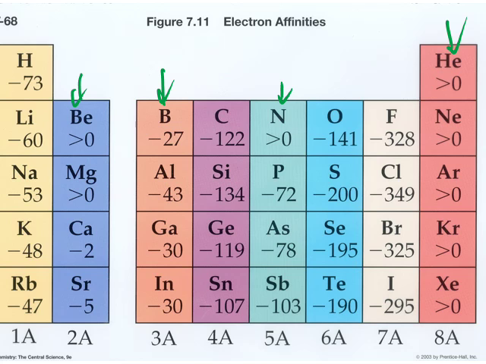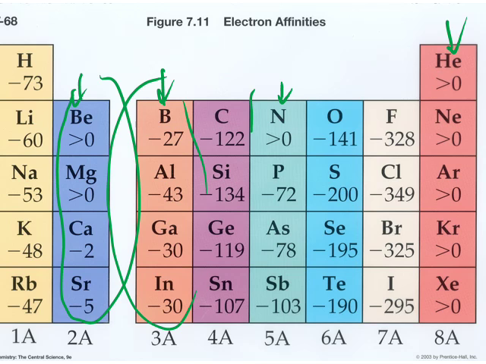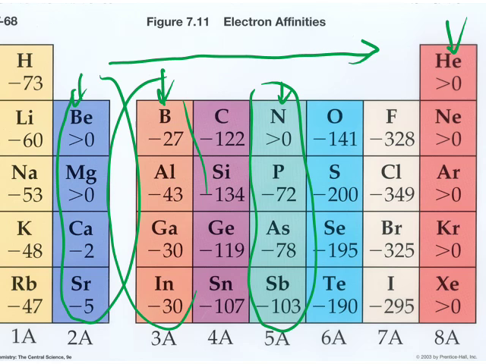And in some cases we can explain this exception because of half-filled or completely filled subshells. So let's leave out the beryllium group, boron group, and nitrogen group. Others follow the trend. As you go from left to right, the negative electron affinity, negative meaning affinity for electrons because energy is given off, is increased.